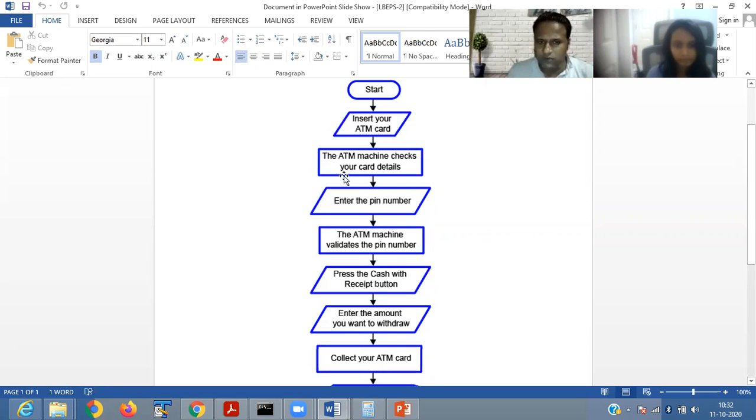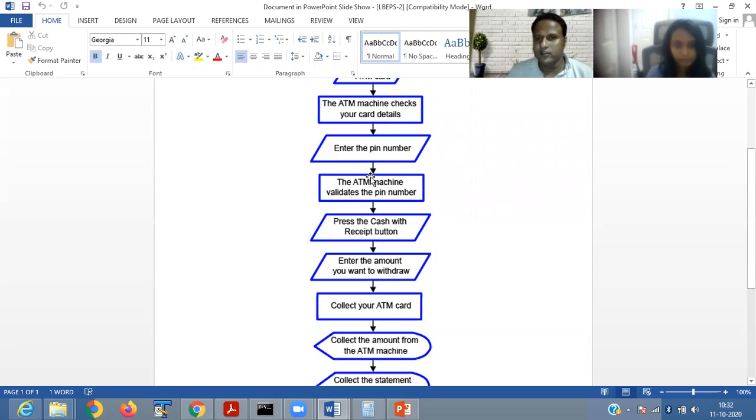This is a processing box. When you insert the ATM card, it checks whether your ATM card is working correctly or not. Then we provide the input, enter PIN number. Then processing happens again. When you give a PIN number, it checks whether the PIN you have given is correct or not.